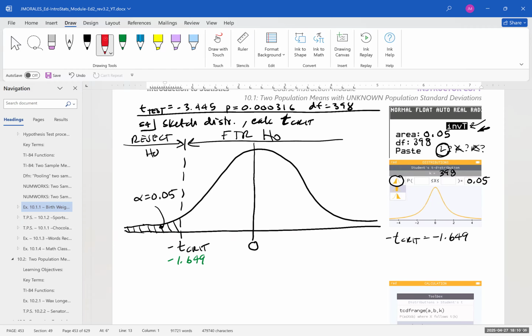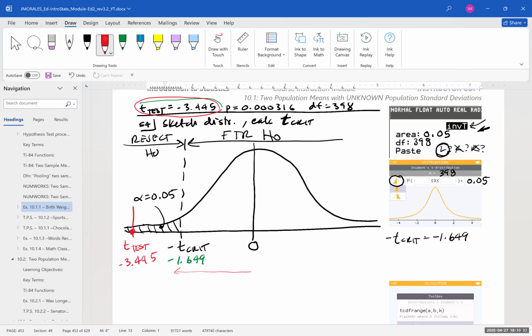So let's look and see where our test statistic is relative to that. A negative 3.445, if we're going into greater negative numbers in this direction, that's going to be out here. So we have a t test statistic of negative 3.445.